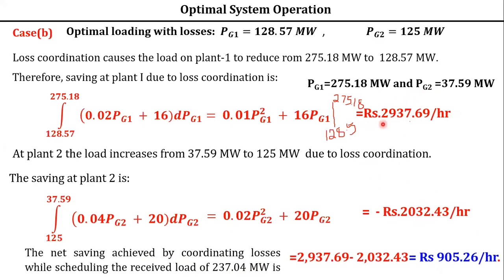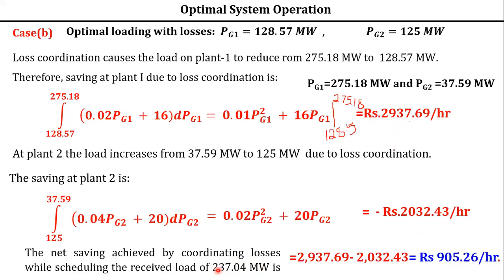Here it is a plus sign, here it is a minus sign. So here it is a loss, here it is a gain. Gain minus loss is your 905.26 rupees per hour. This is the net savings achieved to supply a load of 237.04 megawatt. Is it clear?